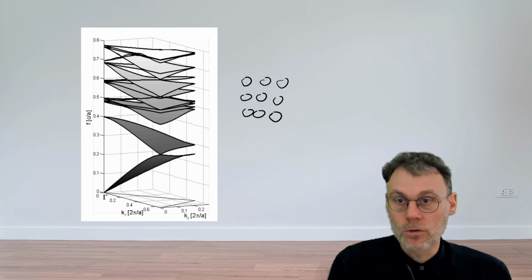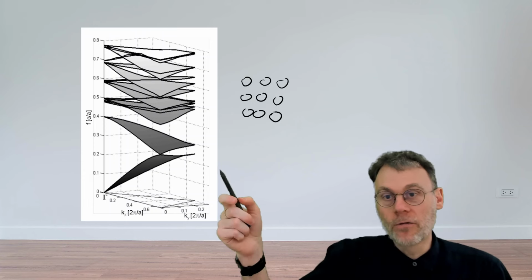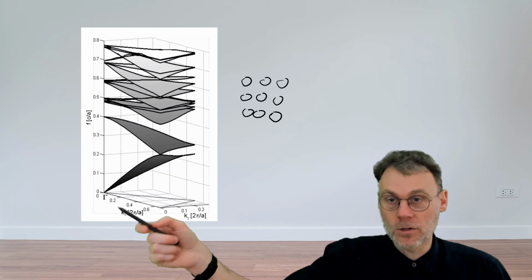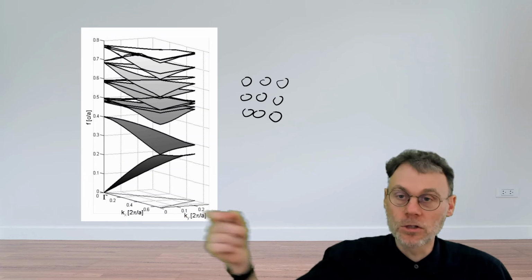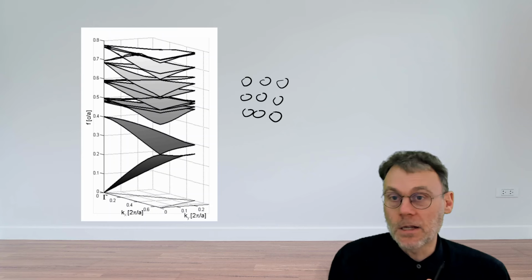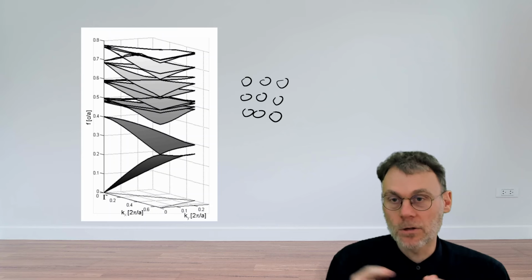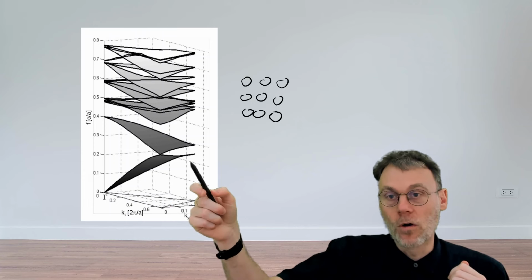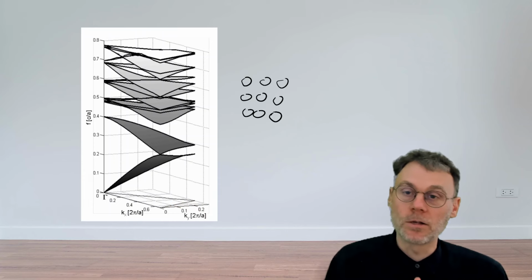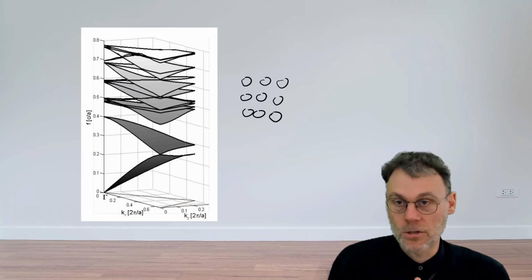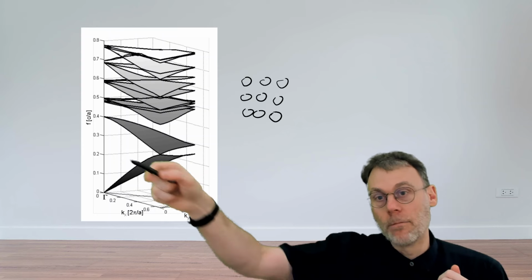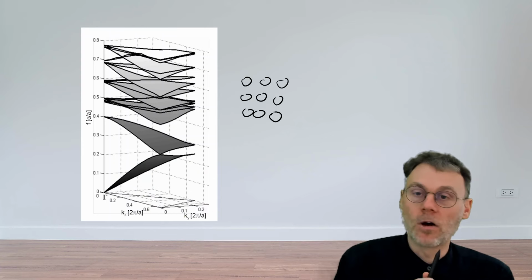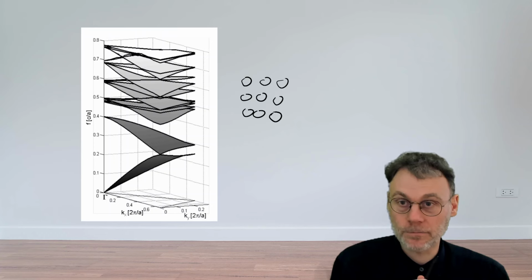But one thing you also note is that, if you only focus on the edges of all of these surfaces, so basically the edges of the irreducible Brillouin zone, that basically gives you the information you need, right? Because you have basically a monotonous behavior if you go from one edge of the irreducible Brillouin zone to another edge. Nothing happens, like a maximum somewhere in the interior of the irreducible Brillouin zone.